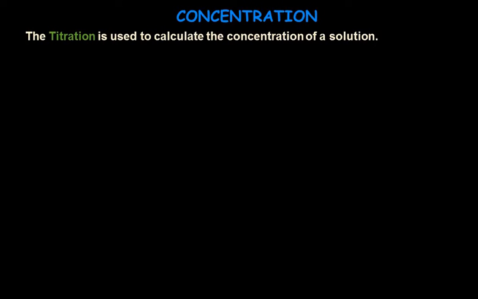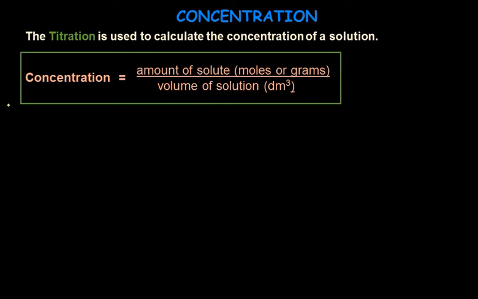Now titration can also be used to calculate the concentration of a solution. And to calculate the concentration, the formula used is as shown, and we have seen this formula in our earlier video on concentration also. So concentration is equal to the amount of solute dissolved in a solution, which may be in moles or grams, divided by the volume of the solution, which should be in dm cube.